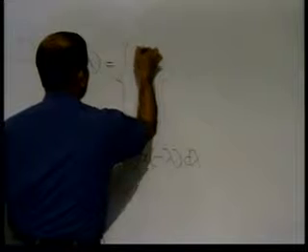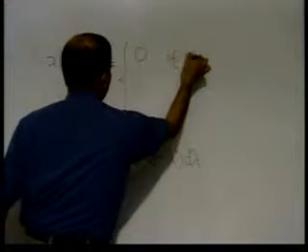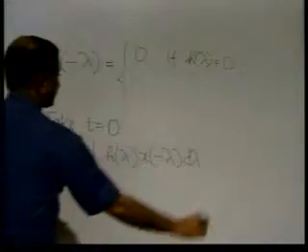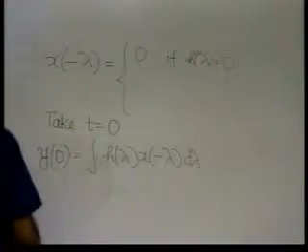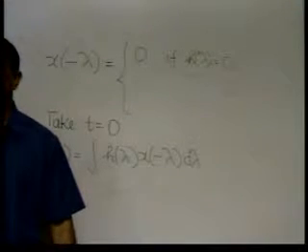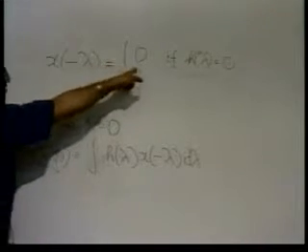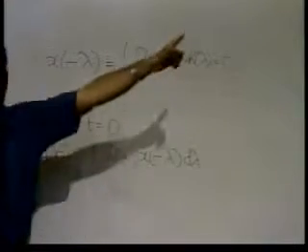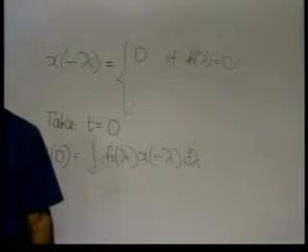It is 0 if h(λ) is equal to 0. So I am defining the input at every point. Please note, x(-λ) is equal to 0 if h(λ) is 0. So, for example, x at -5 is 0 if h at 5 is 0. I look at the corresponding negative point in the impulse response and put it equal to 0 if that impulse response point is 0.